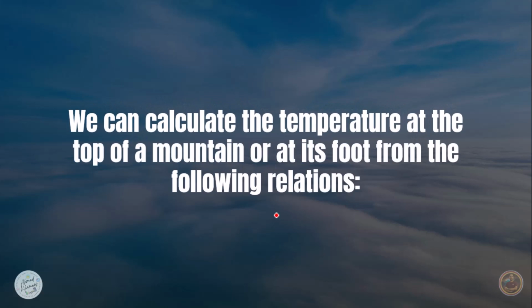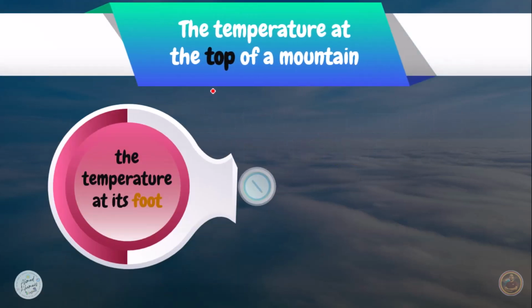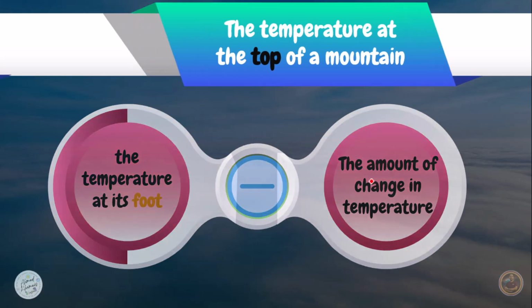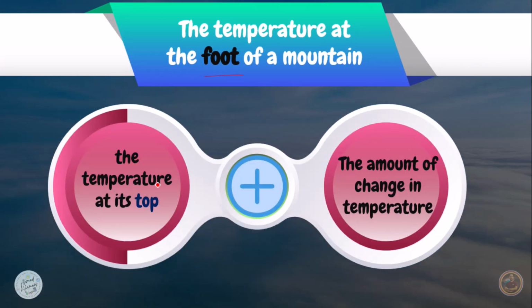And we can calculate the temperature at the top of a mountain or its foot by the following relations. The temperature at the top of the mountain equals the temperature at the foot minus the change in temperature. And the temperature at the foot of the mountain equals the temperature at the top of the mountain plus the change in temperature.